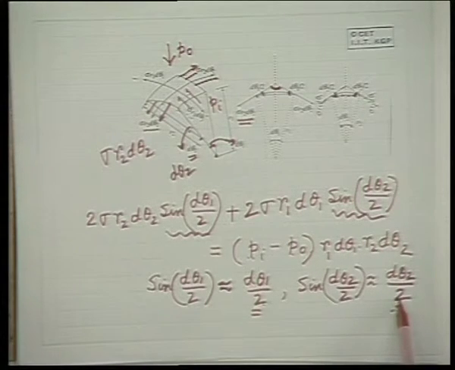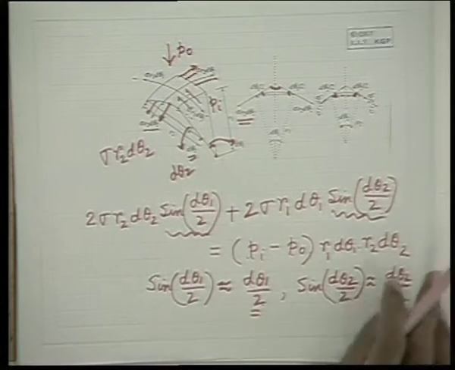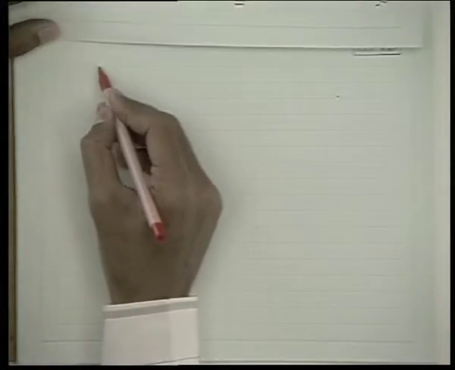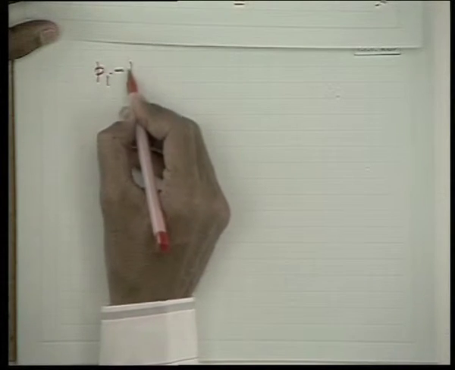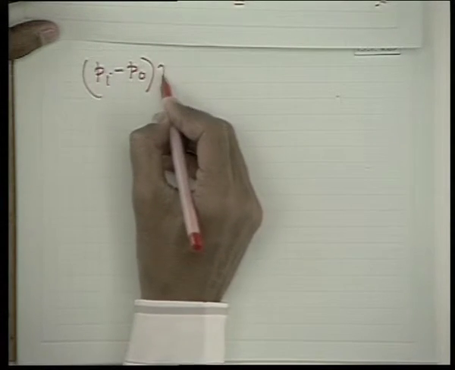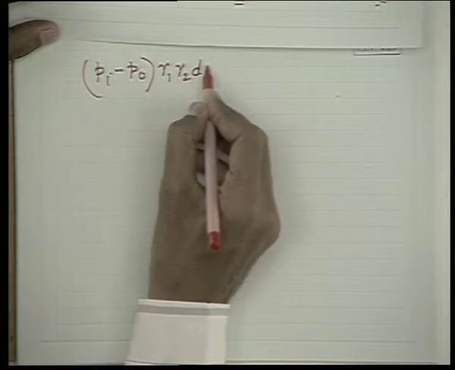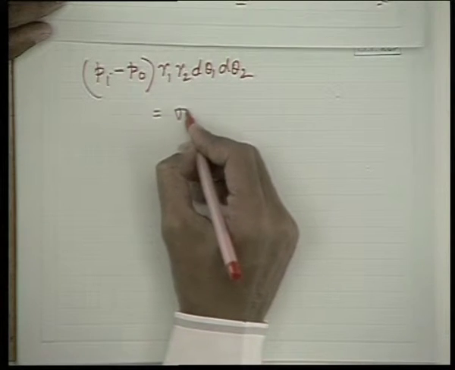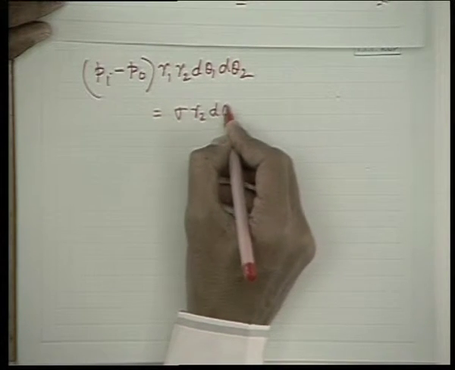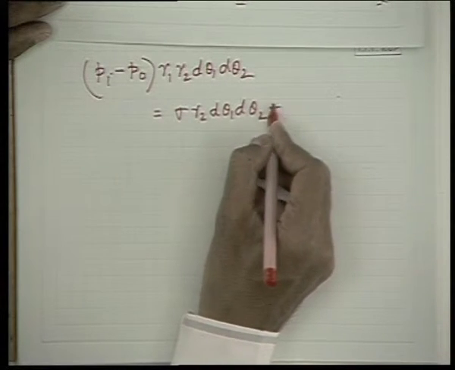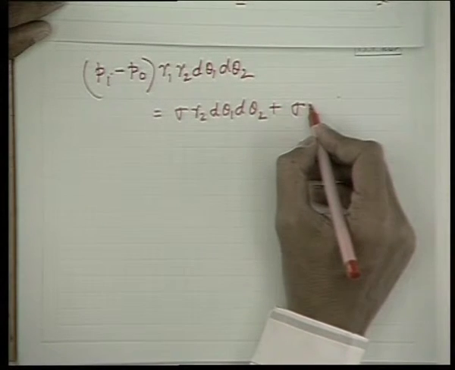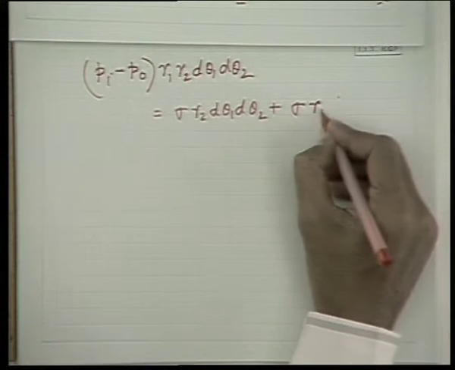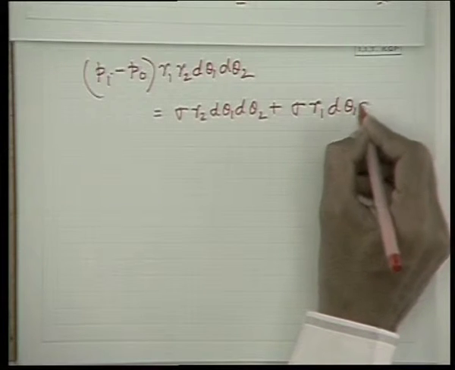And then by simplification, I get Pi minus P0 into R1 R2 d theta 1 d theta 2 is equal to sigma R2 d theta 1 d theta 2 plus sigma R1 d theta 1 d theta 2.